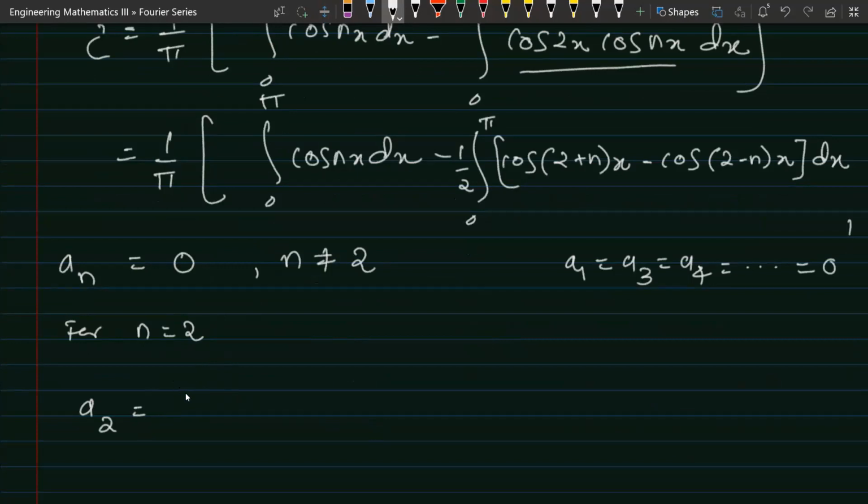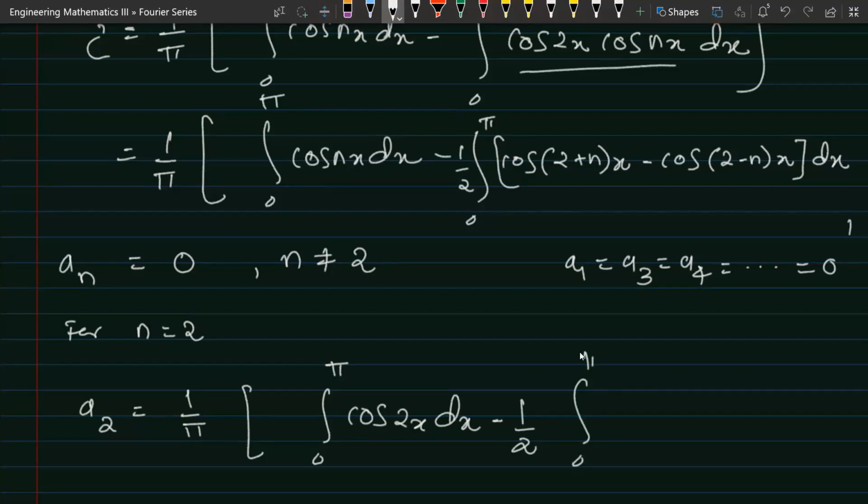It becomes 1 upon pi, in the bracket, integration 0 to pi cos of 2x dx minus 1 by 2 integration 0 to pi cos of 4x dx, which becomes 0.